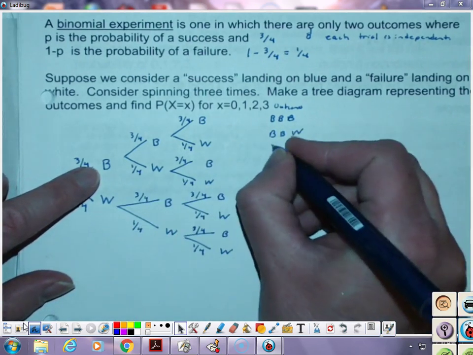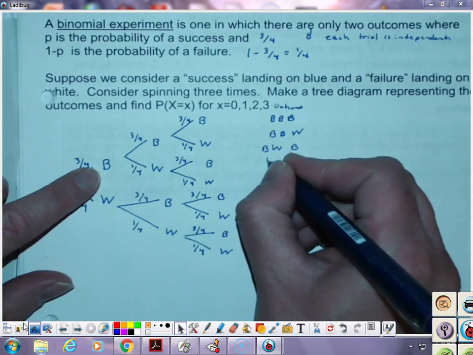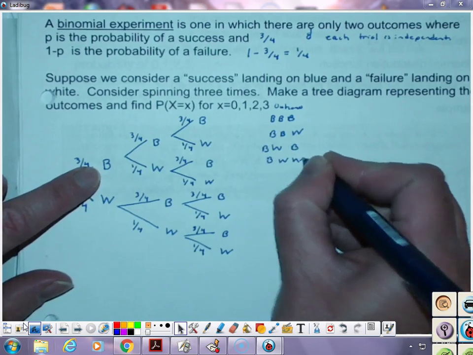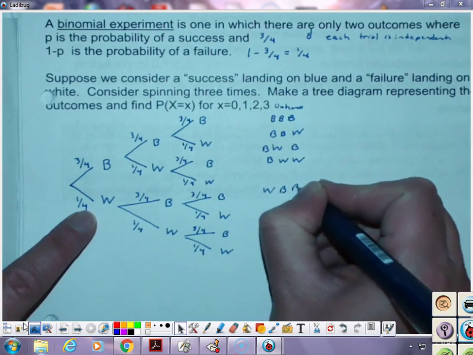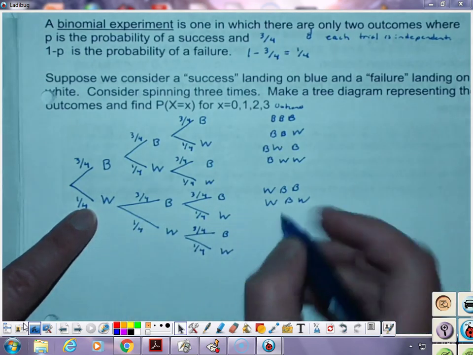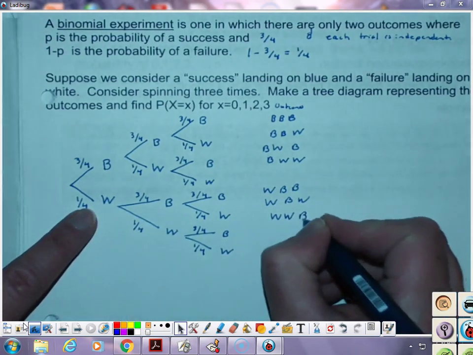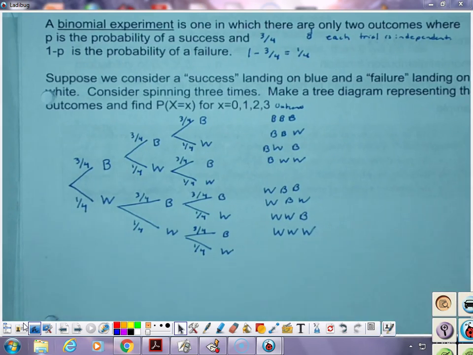Blue, white, blue. Blue, white, white. And then white, blue, blue. White, blue, white, following there, white, white, blue, and white, white, white. Okay, so those are all the different outcomes that could happen to us.